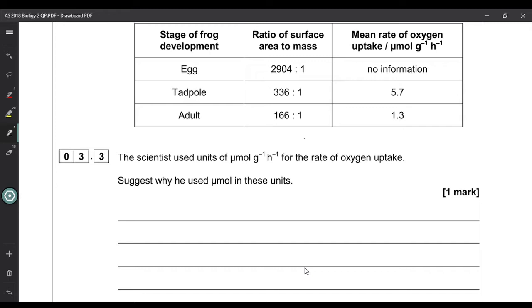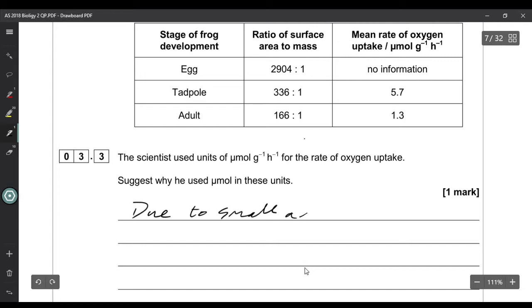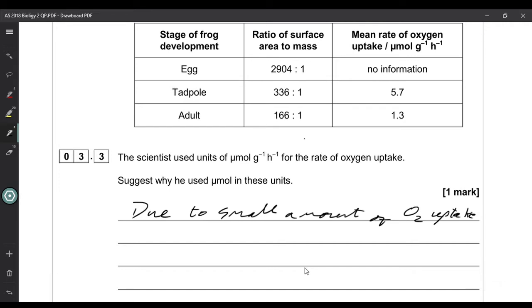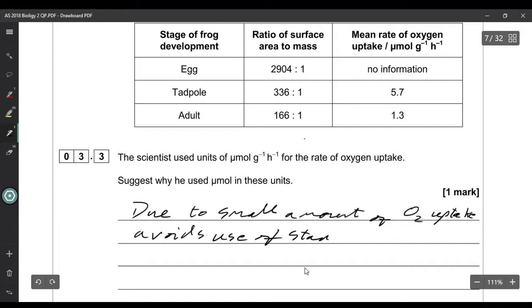So the reason that he used micromole was due to the small amount of oxygen uptake, which avoids the use of standard form.